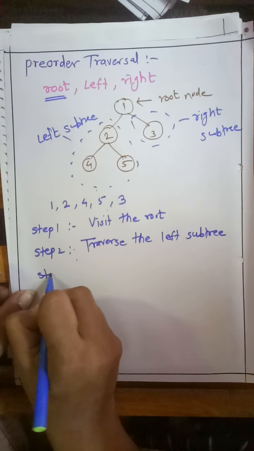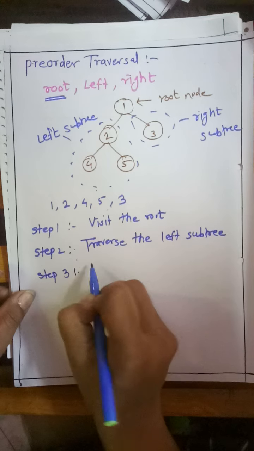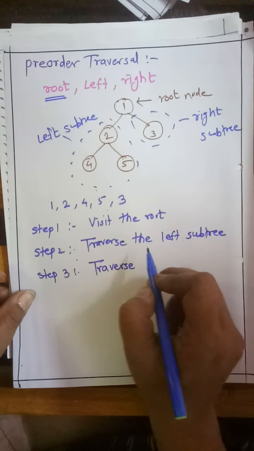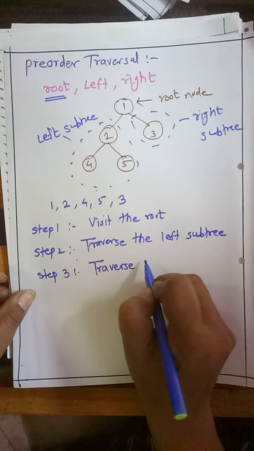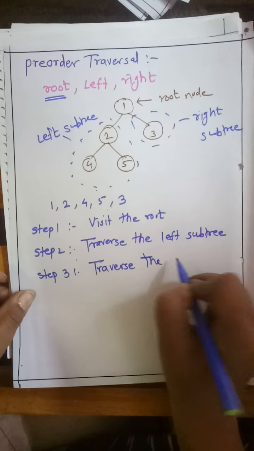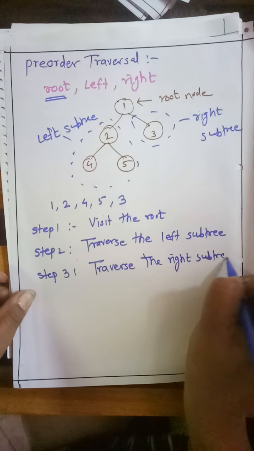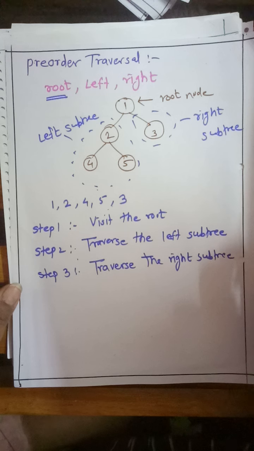And the third step is to traverse the right subtree. Okay, this is the algorithm of how to traverse the binary search tree in pre-order.